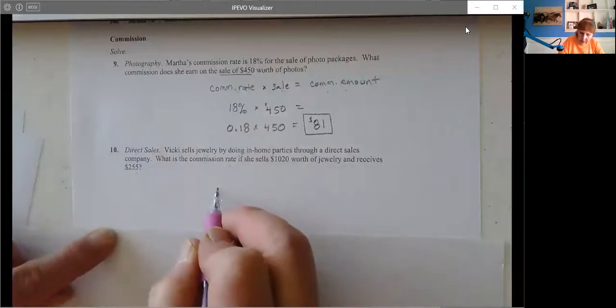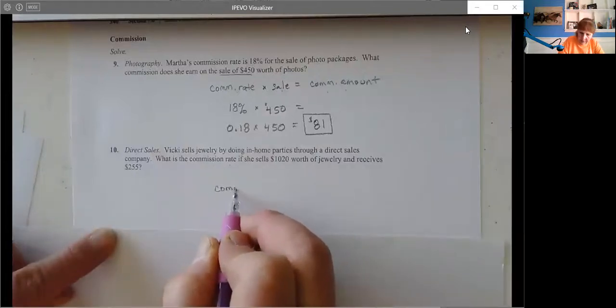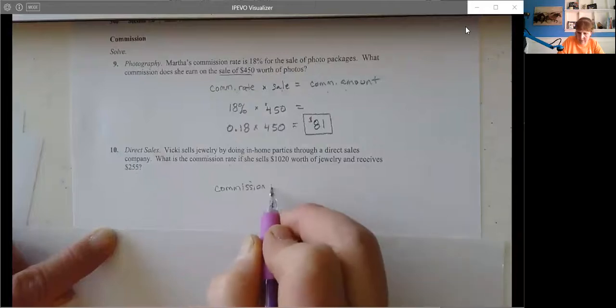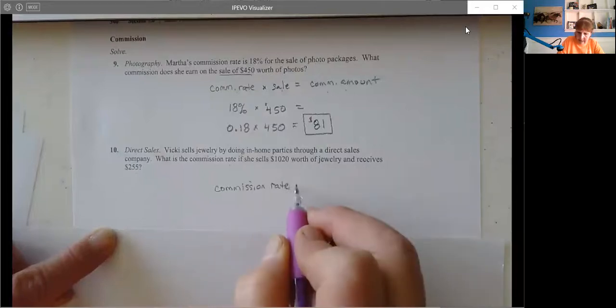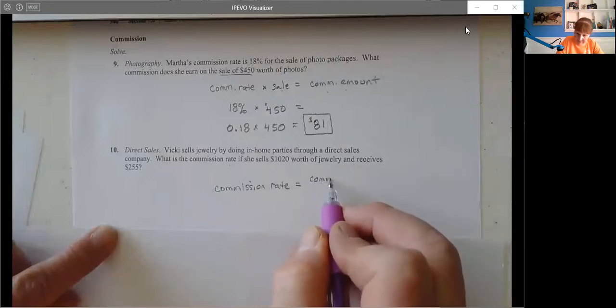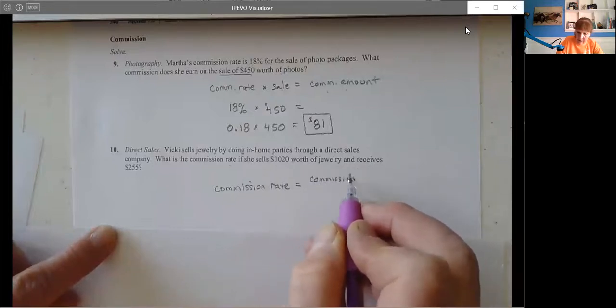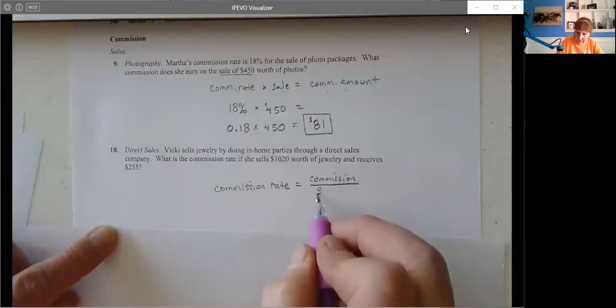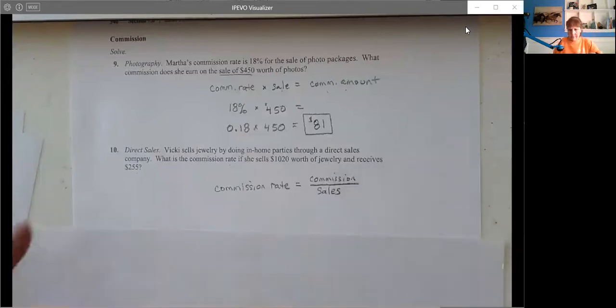So I would use the other template: the commission rate is equal to the commission amount, her commission in dollars, over the total sales.